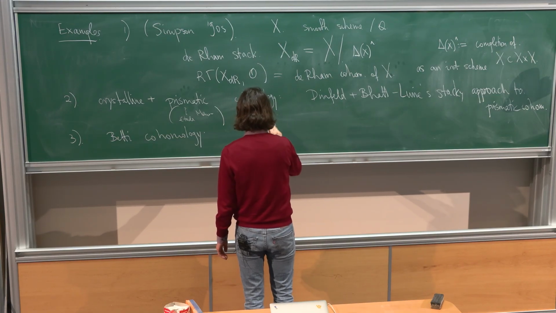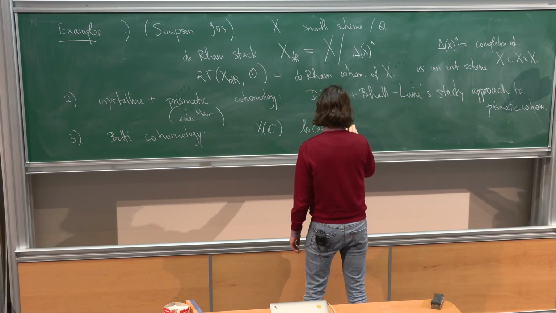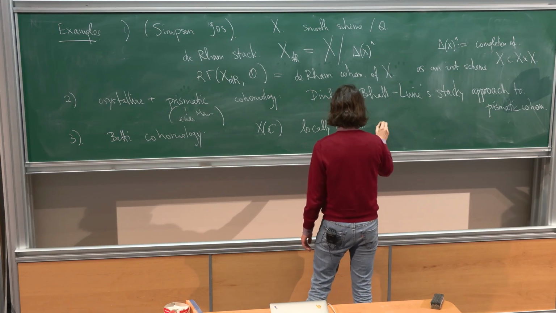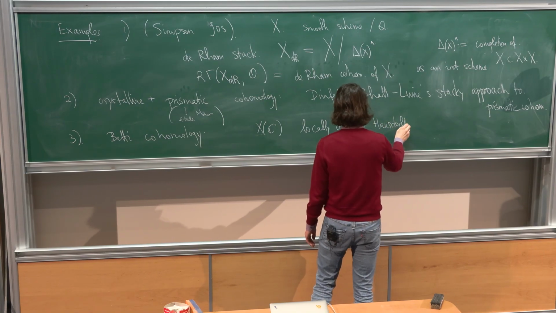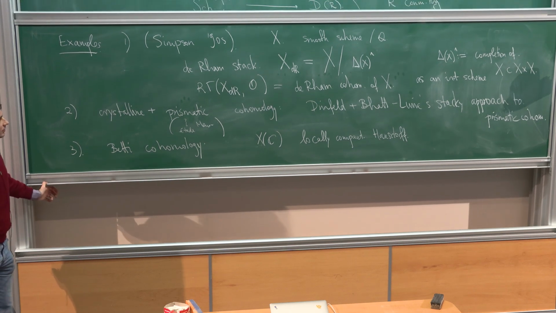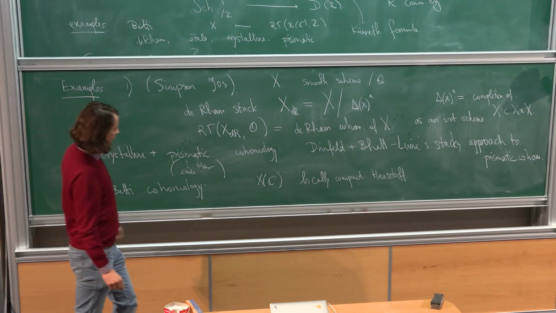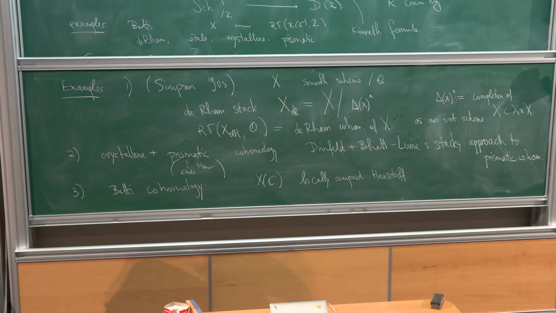So we have X of C, which is some locally compact Hausdorff space. And it turns out that there's a general way to take any locally compact Hausdorff space and produce some kind of stack over the integers whose coherent cohomology is exactly the Czech cohomology of this guy.